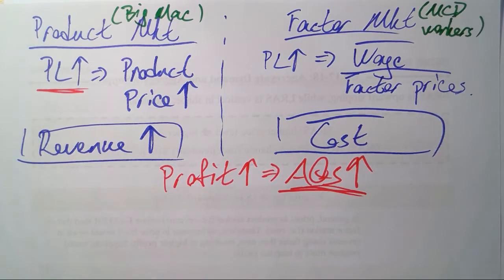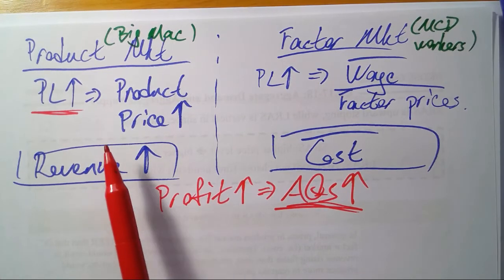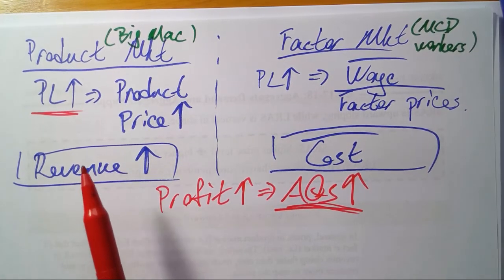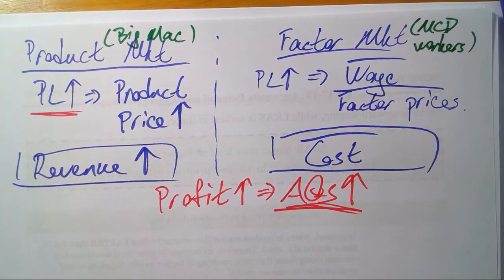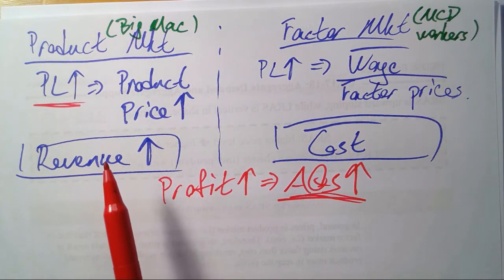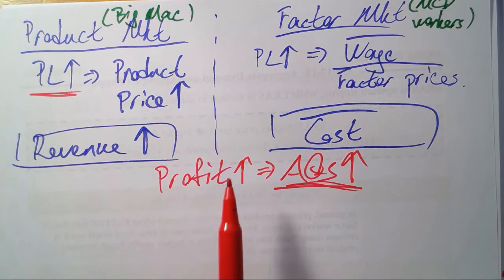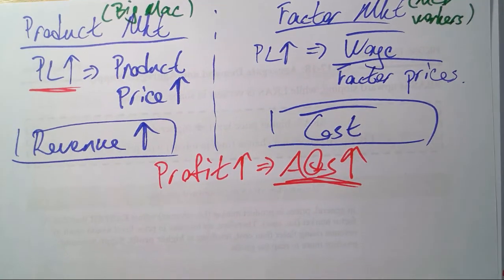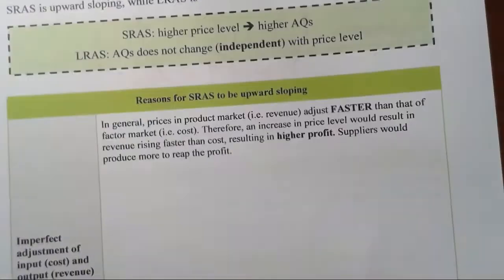OK 就係咁解啦，記住啦，原來係 product 嗰邊行得快啲嘅，通常加價係加得好快嘅，減價都減得好快係咪？通常唔減價啦係咪？嗱加價加得好快，但係人工又唔會貴咗啊，係咪啊？Therefore, you see, revenue increases but cost remains unchanged. Profit increase, AQS increased. 得唔得？So this is why it is upward sloping.